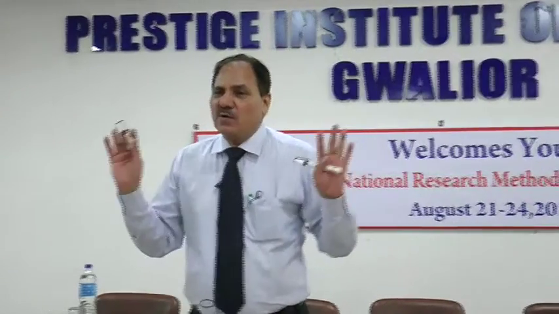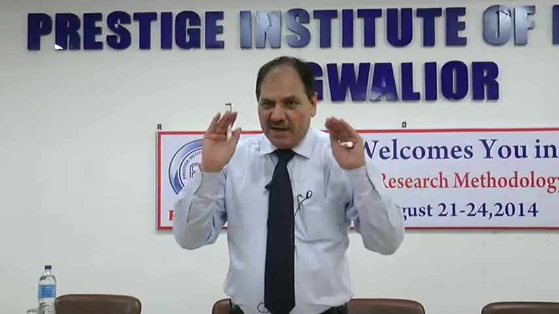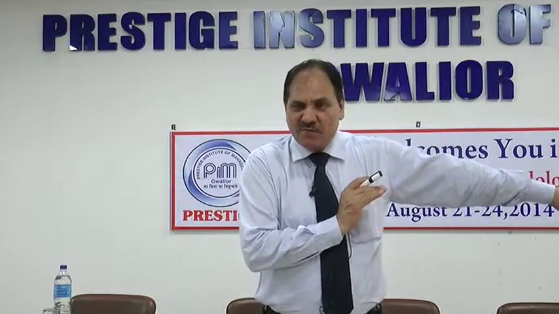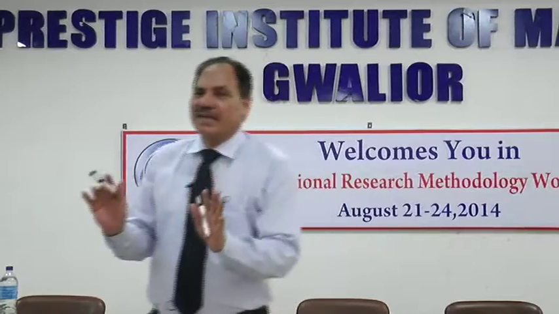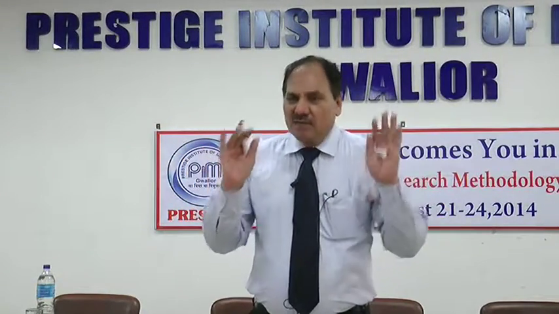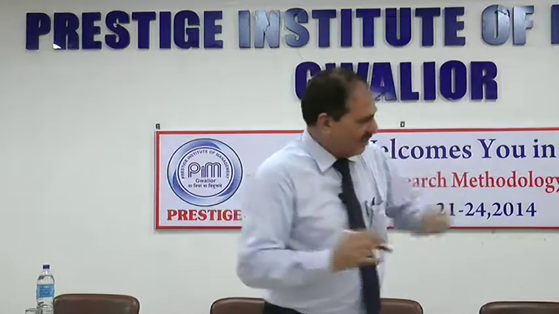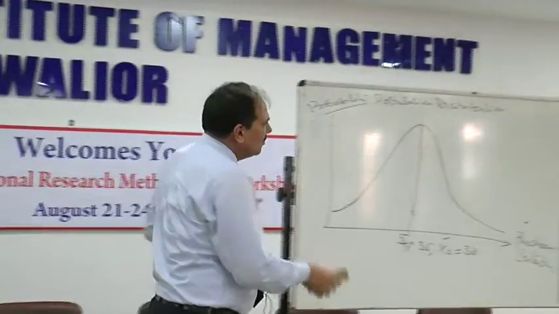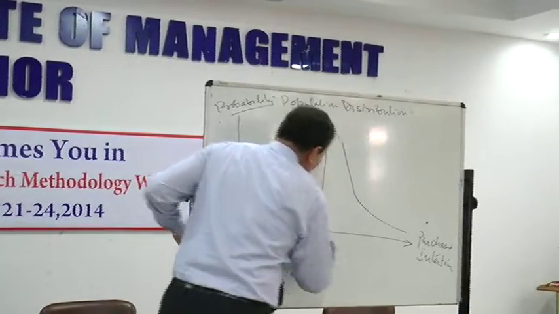Without carrying out any analysis, with the means of the samples, we will not be able to say whether these two means are different. And why? What is the reason? Now I am coming to the sampling distribution.